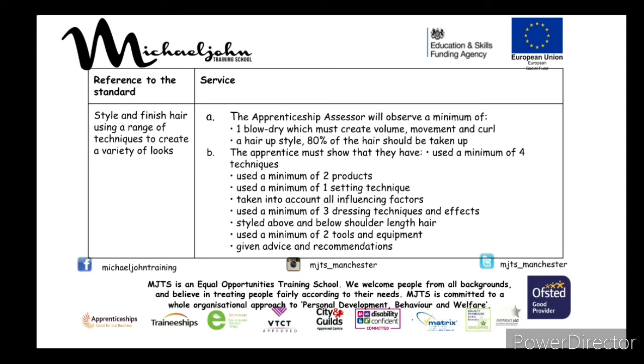One of the blow dries, again creating movement, volume and curl, typically tends to also use a setting technique, pin curling for example, and the 80% hair up, again aiming for that distinction grade, you will want to add in accessories plus the addition of added hair. But again, this is as part of your planning for your endpoint assessment through your sequence and also your model selection.